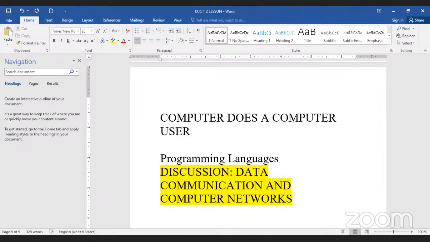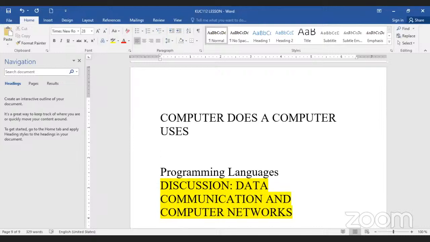So we know that a computer is an electronic device that takes in data, processes the data, and gives out the output. And then before we go on, we realize that a computer is a digital device.